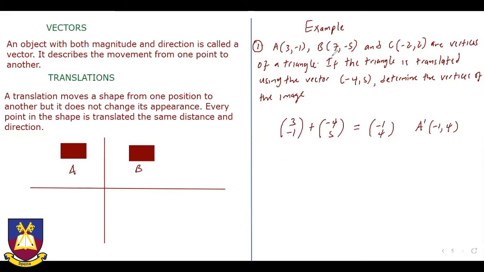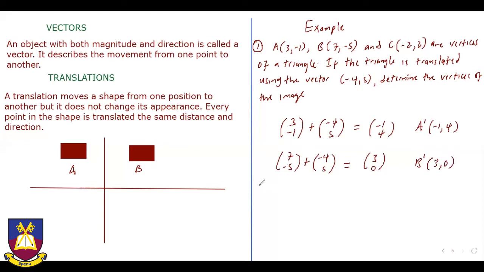Likewise, we do the same for this vertex B, which will be 7, -5, plus the translation vector, which is -4, 5. We shall get 3, and then 0. So the coordinates of B for the image will be 3, 0.